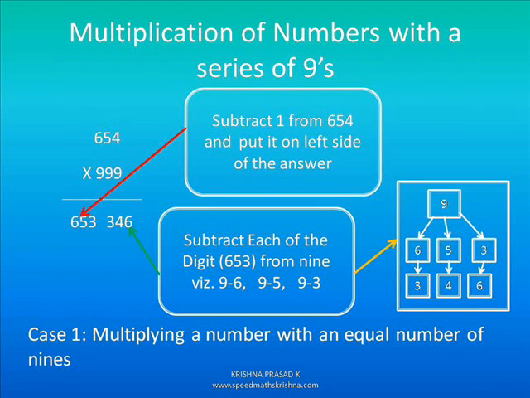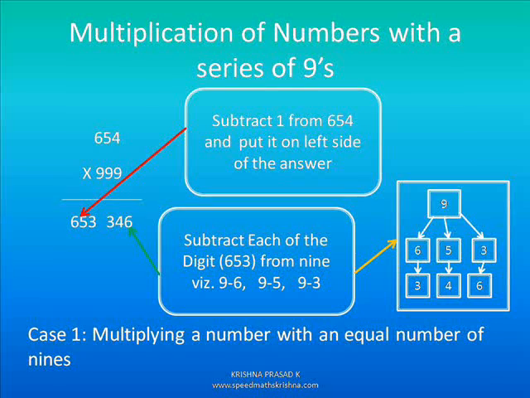654 multiplied by 999. How to multiply this? Subtract 1 from 654 and put it on the left side of the answer, that is 653.